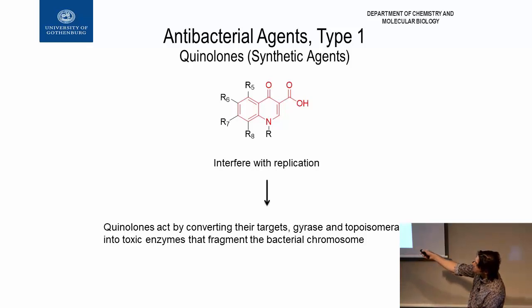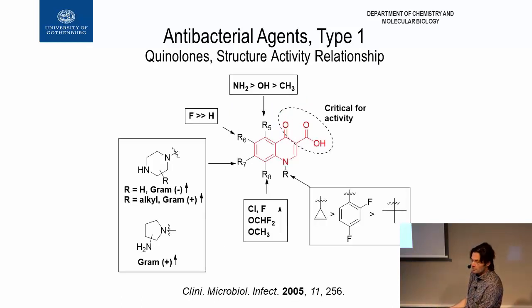They interfere with replication, that's the main mechanism. And down here is written what they do in more detail. They interfere with 2 different enzymes. That's not so important to remember, but they do something with replication. It means that the bacterium can't replicate anymore. Don't get shocked by the next one here, because this might look very complicated.